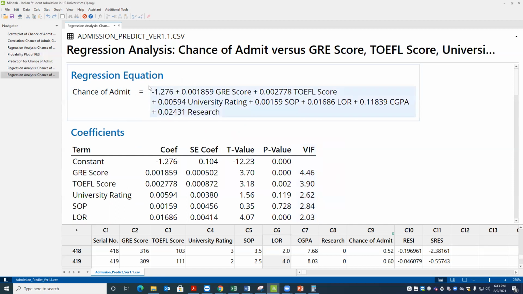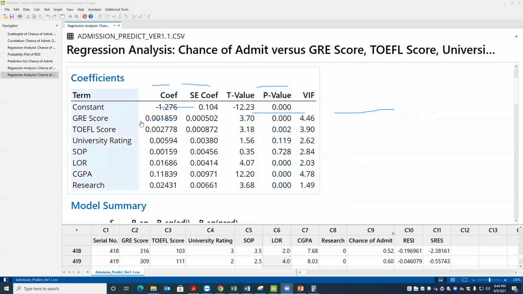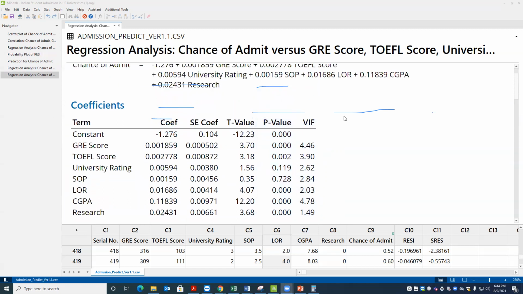Now this is the multiple regression model, which has an intercept. This is the first slope, of GRE. This is the second slope, third, 4, 5. These are the slopes of the different variables. Now in this model, which items can we remove? Which items are not useful?